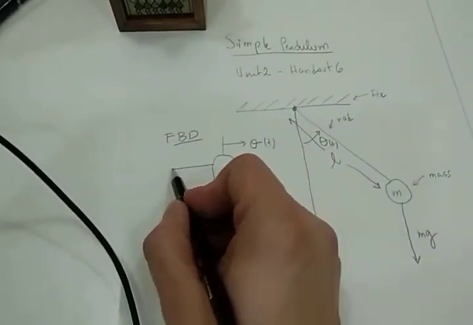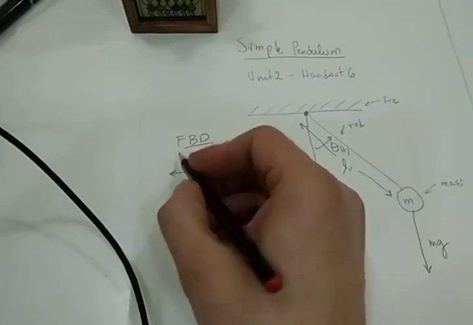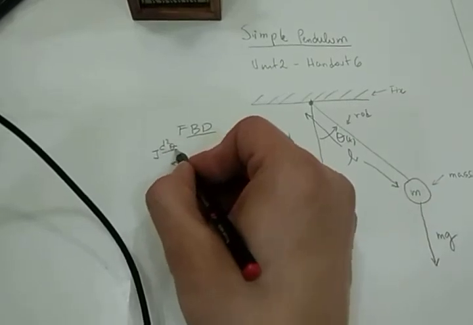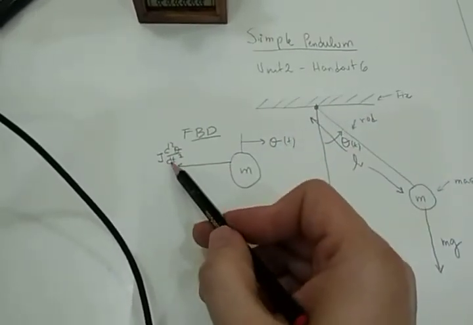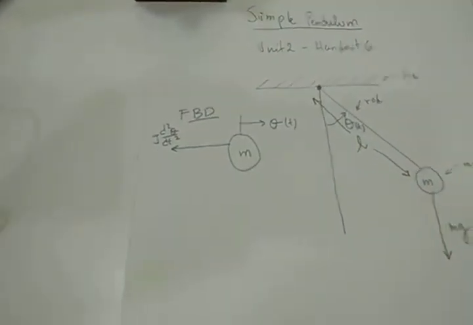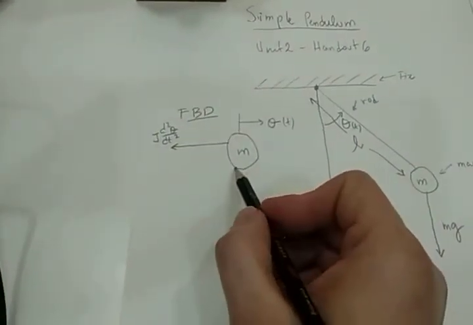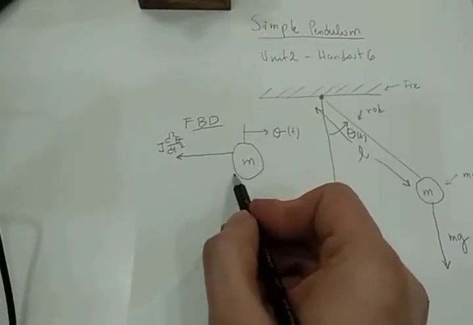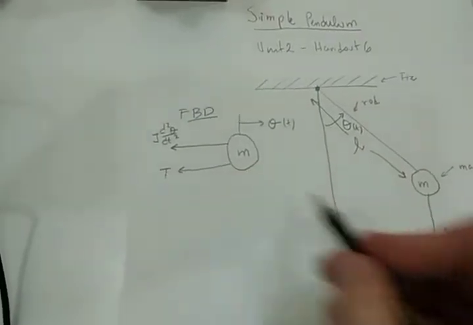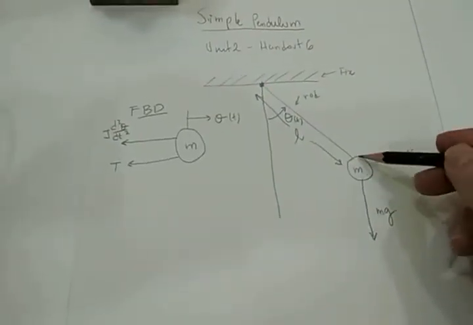The first force which will be opposing this motion of theta is the inertia, the own inertia of the mass that we have seen many times. So it will be J d square theta dt square. The other torque opposing the motion of m, I will denote this torque T, is the result of the weight applied on this m.